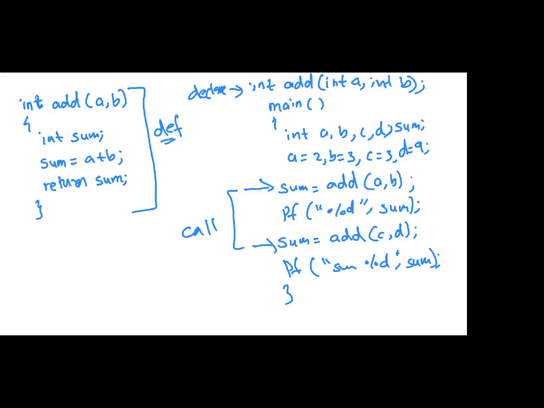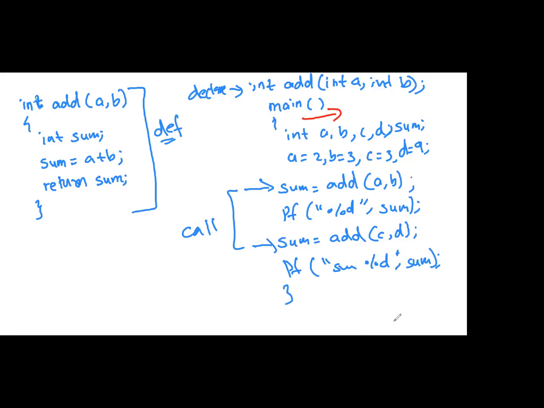Okay, so declaring a function, you can declare a function wherever, the function can be declared within the main function, still fine. But what happens is, if you declare a function within the main, then this function cannot be called from another one.